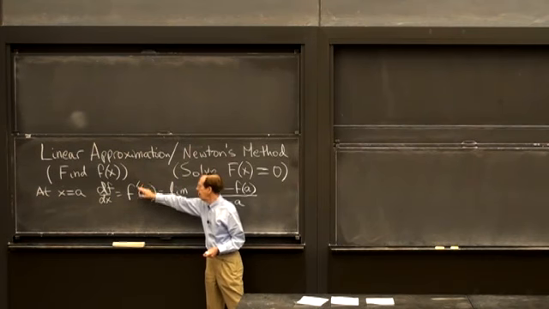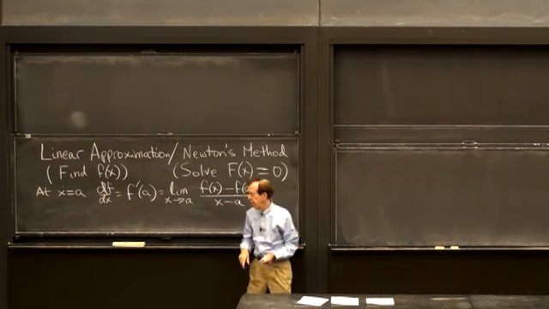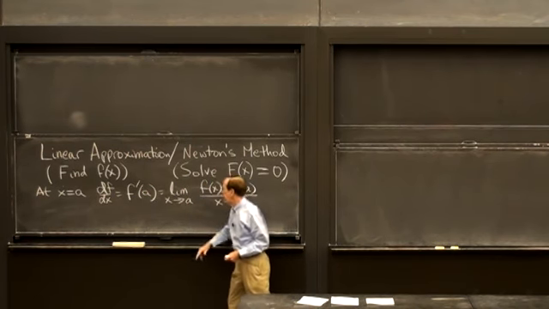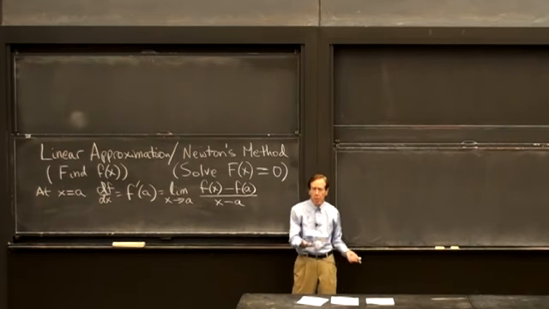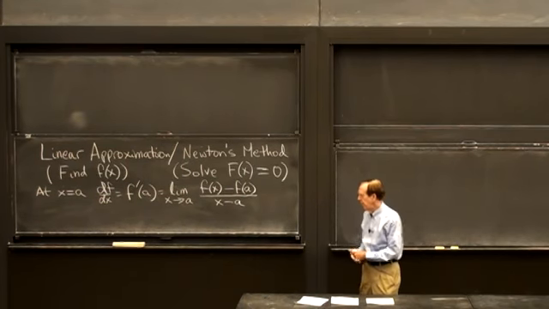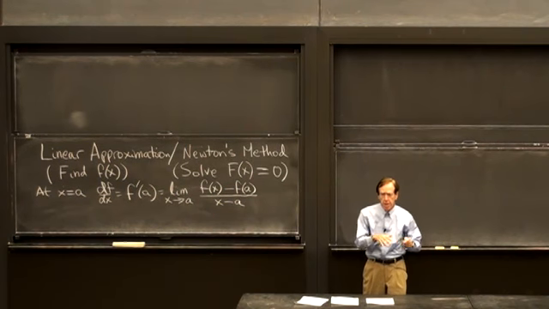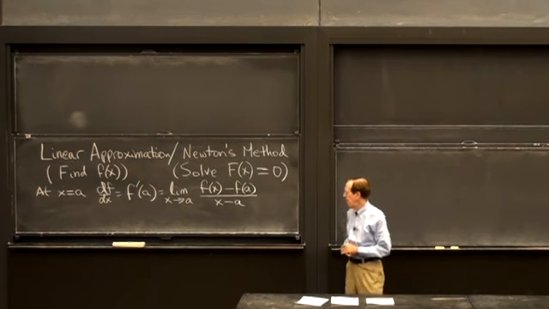So I'm using f prime for the derivative. At that point, well, we know what the definition is, but I'm also supposing that we've got that number.